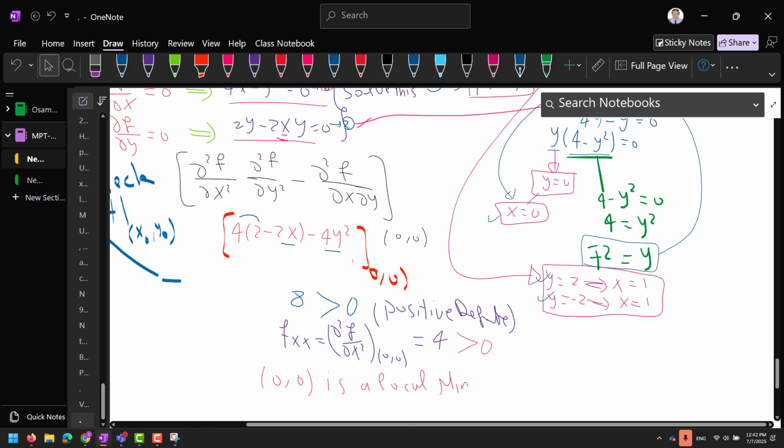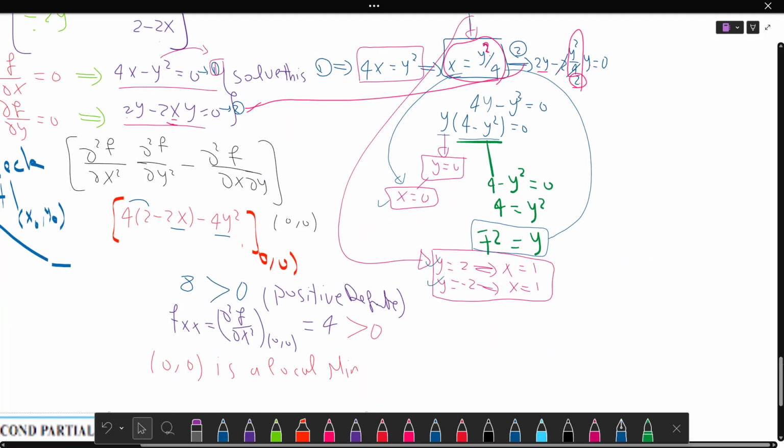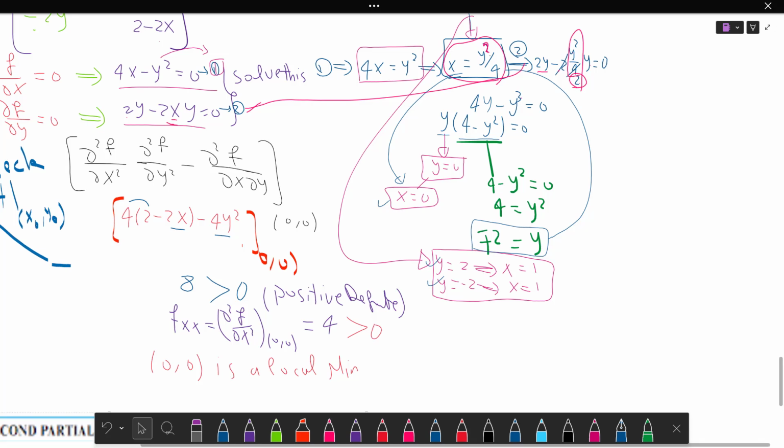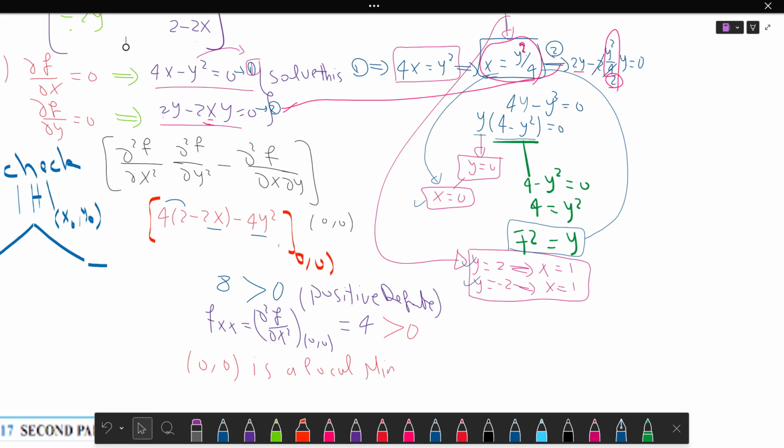X equal to 1 and y equal to 2. For the second point, you take the same value here because this one comes from multiplying the main diagonal and subtracting the multiplication of the other diagonal. You already have the value of this one in terms of x and y, so no need to do it again.